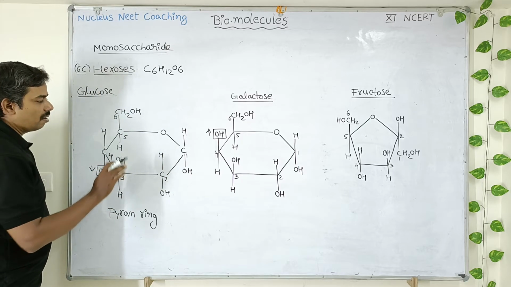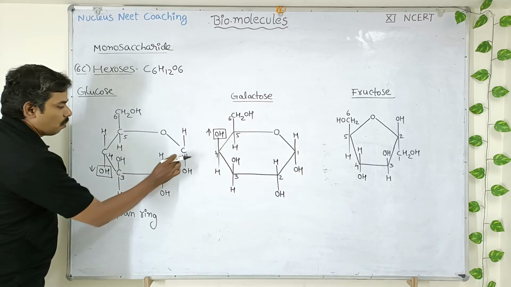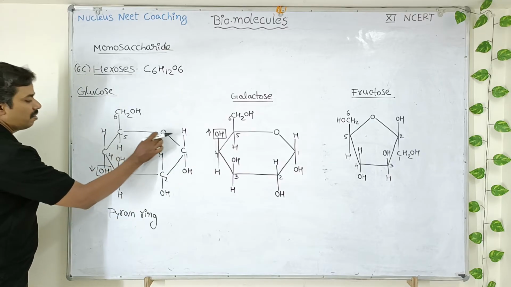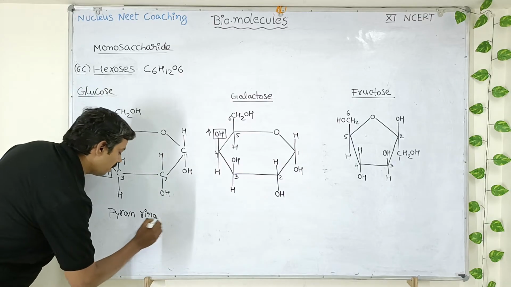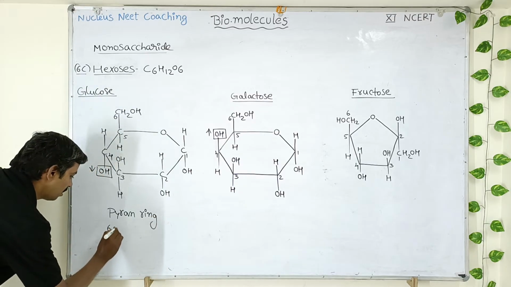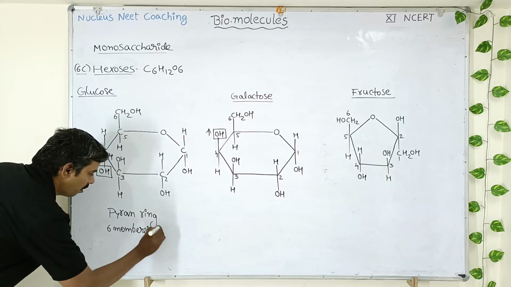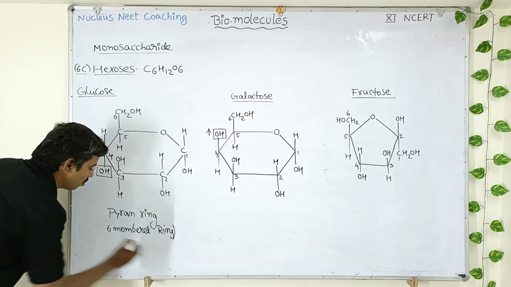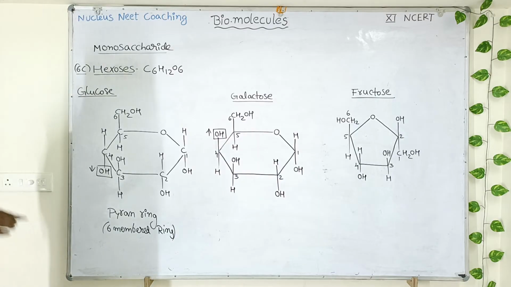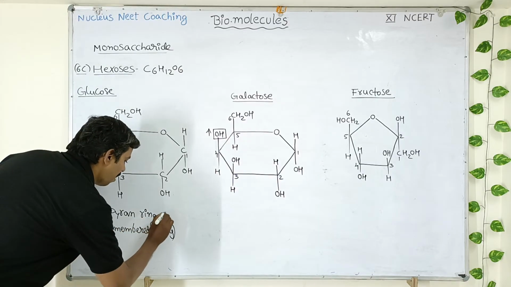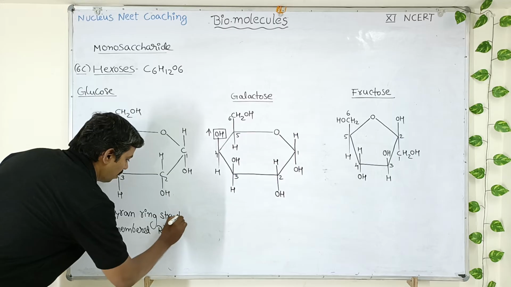There are total 6 members in the ring. 1, 2, 3, 4, 5 and 6. So a pyran ring is a 6-membered ring. Your glucose has a pyran ring structure.